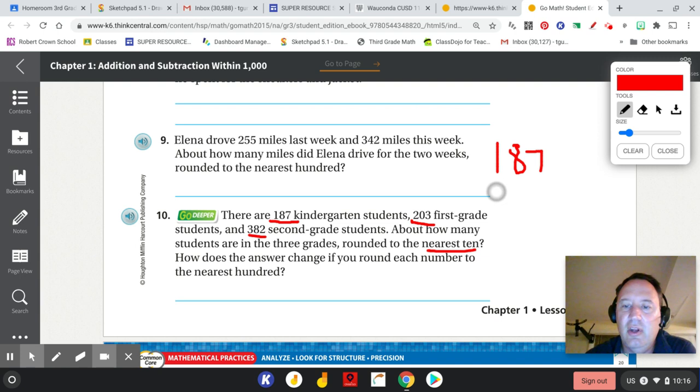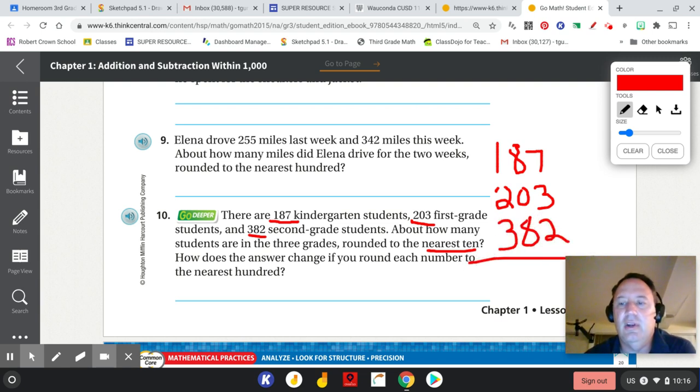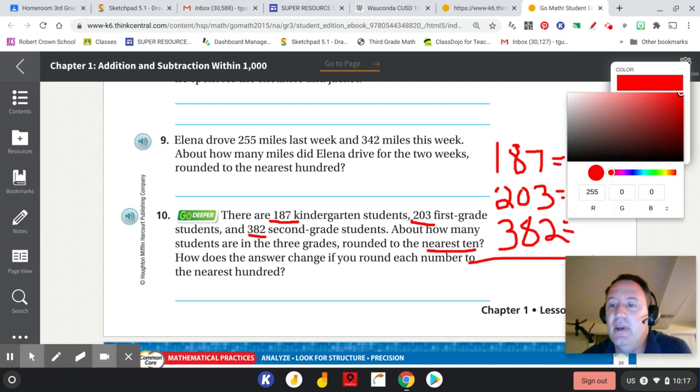187, 203, and 382. And now we have to round it to the nearest 10. So 187. I have to make sure. I'm going to change this color.